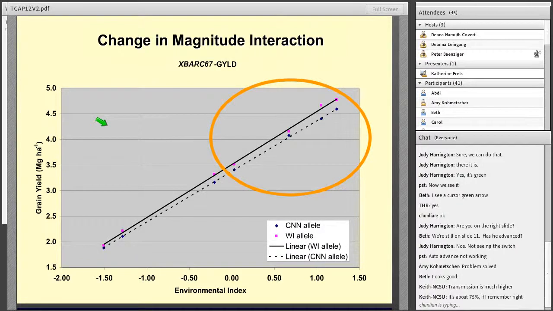The lines that tended to be modern that retained the Cheyenne allele tend to be adapted to western Nebraska. And what you see is the QTL in western Nebraska had virtually no effect, so it's neutral. And in eastern Nebraska, where it had an effect, we were able to select for it.